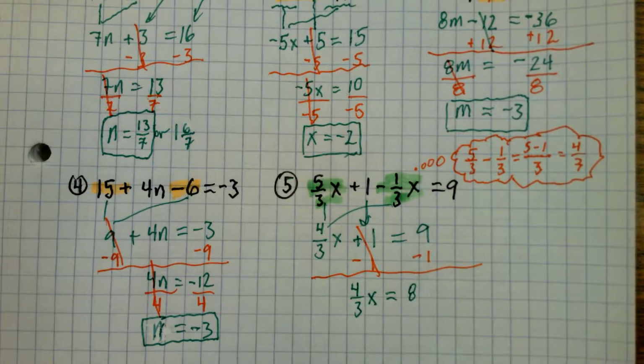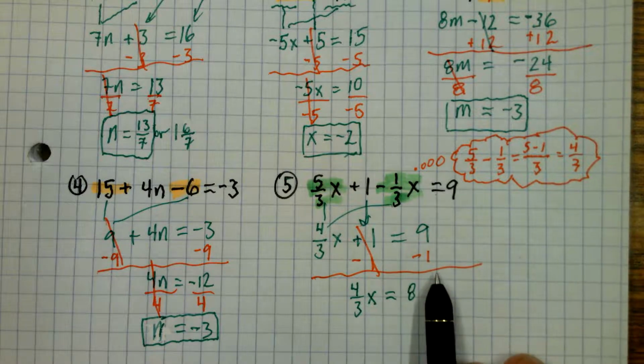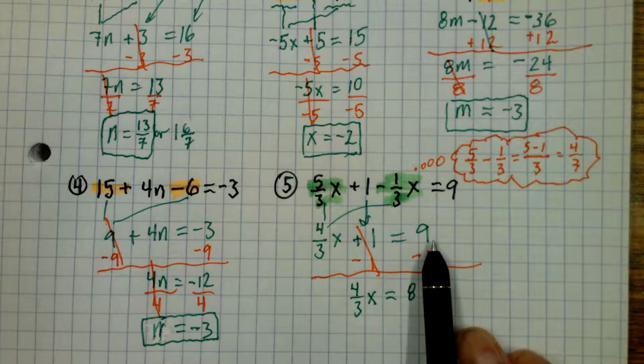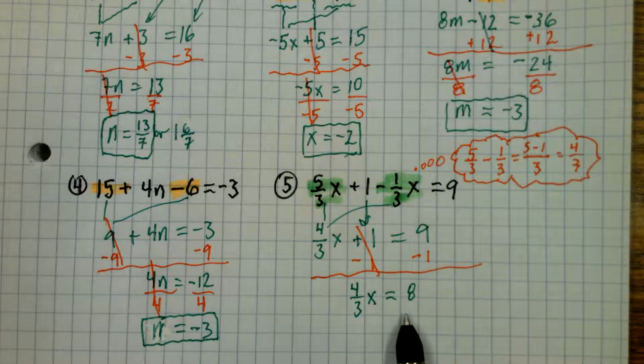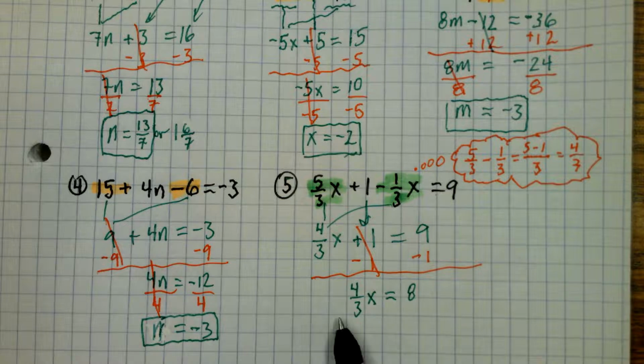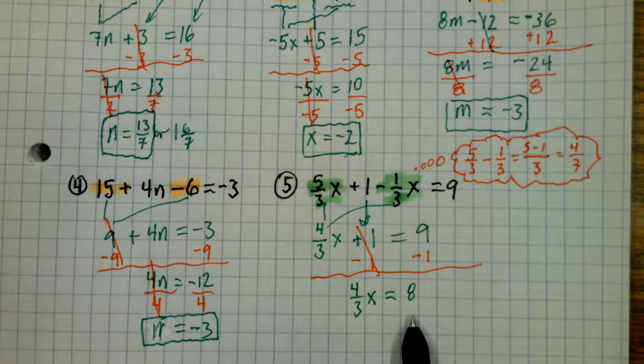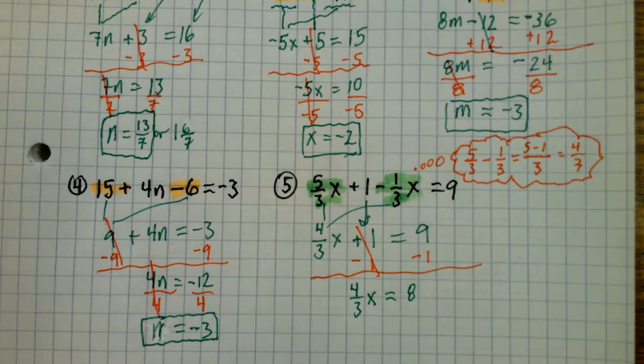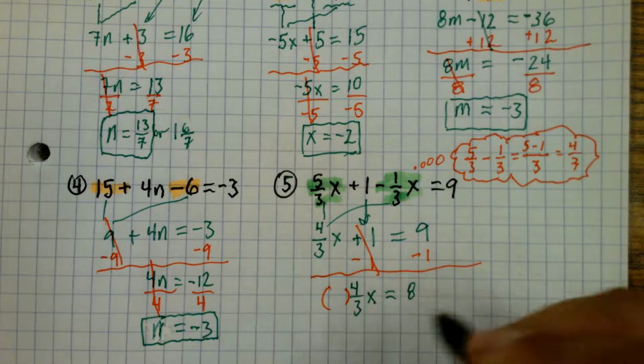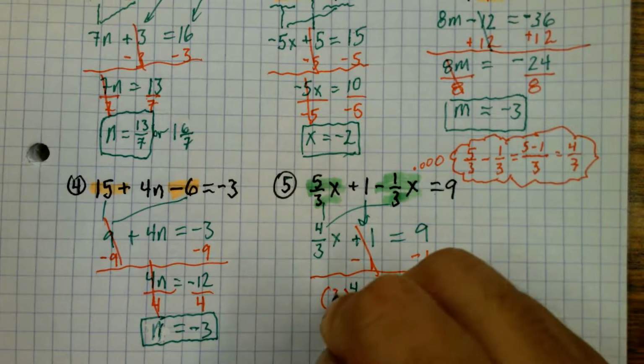Okay, well, we've done that before. Well, 9 take away 1, you get 8. And then we have 4/3, right? Remember how we get rid of the fractional coefficient? Yes, you multiply. Thank you. Well, what do we multiply by? 3.